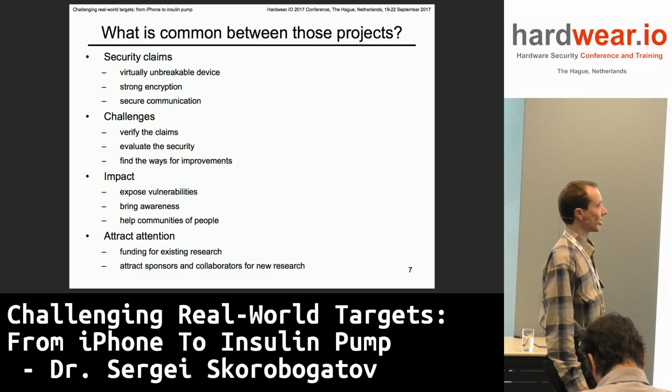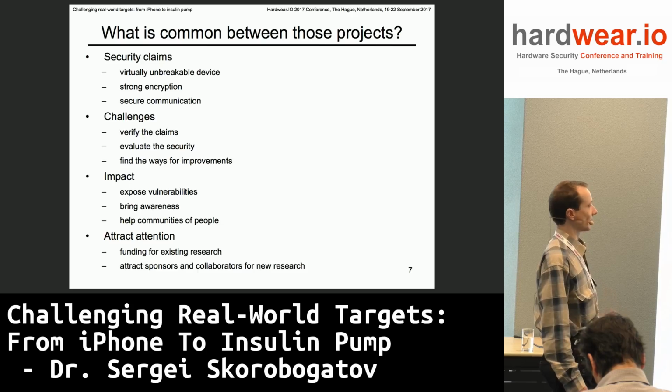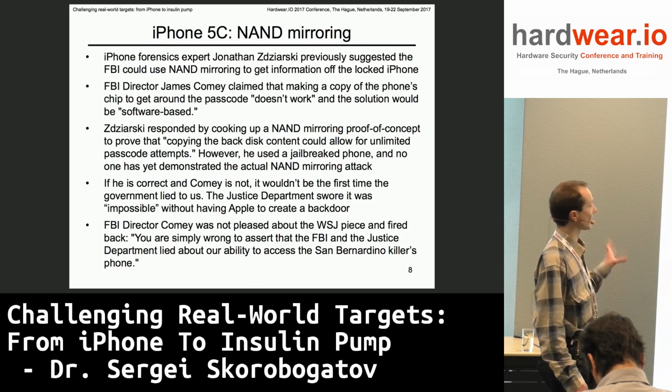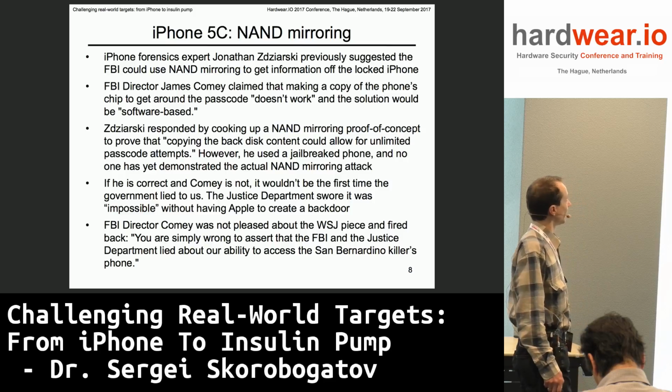And if I'm successful, then that would expose vulnerabilities, help to improve the design, and also attract attention to fund the existing projects and also continue the research and collaboration with new projects. So we'll start with iPhone 5C.